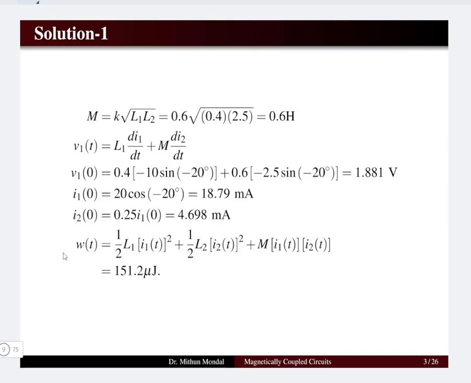Now we can find the energy at time t equal to 0 using half L i squared, the self-induced energy, plus the mutual induced energy M i1 i2. So we get 151.2 microjoule as the total energy stored in the coupled network when the two inductances are mutually coupled to each other.